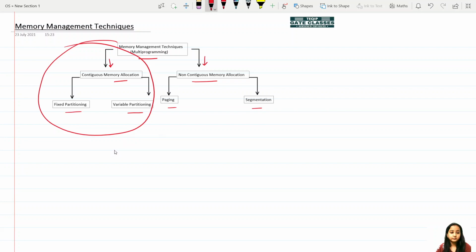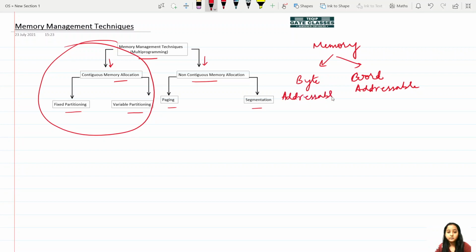So, to understand the memory management techniques, first you should know the concept of memory. So, let's see. The memory can be byte addressable and it can be word addressable. You know that 1 byte equals how many bits? 8 bits.